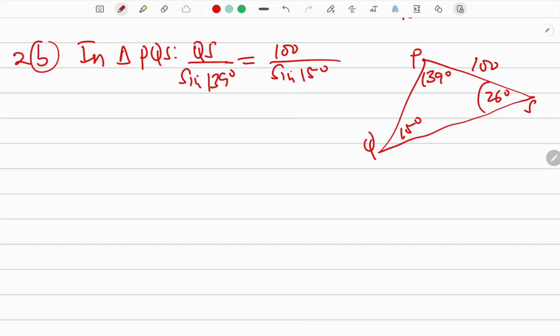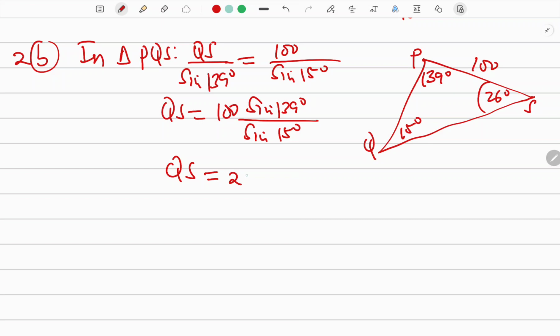So QS is 100 times the sine of 139 degrees divided by the sine of 15 degrees. If we simplify this, QS is 253.4817 units. This gives us exactly the length of QS.